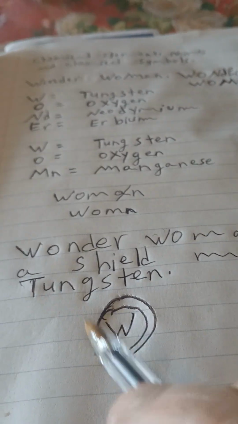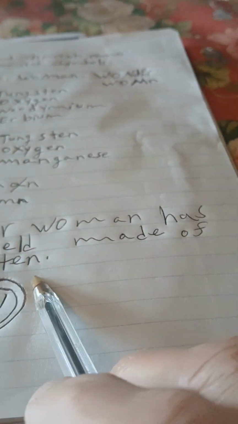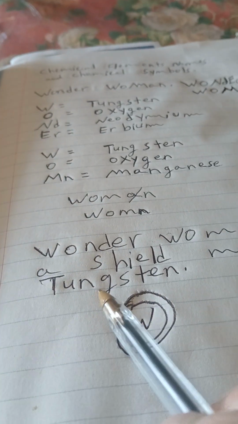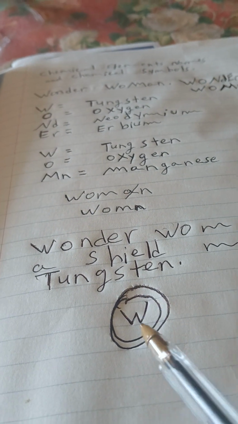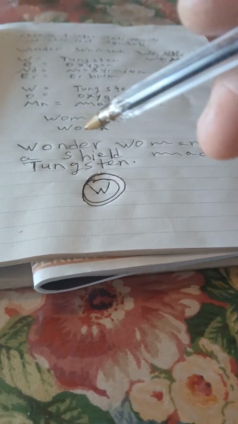Okay? And you put down a sentence. Wonder Woman has a shield made of tungsten. So W is for tungsten. And Wonder Woman is a good example. So think of Wonder Woman in your head. The way she's dressed with a uniform or a costume with a big shield with a capital W on the shield.